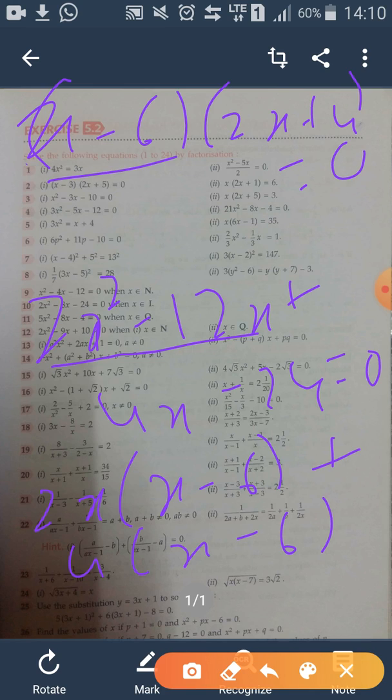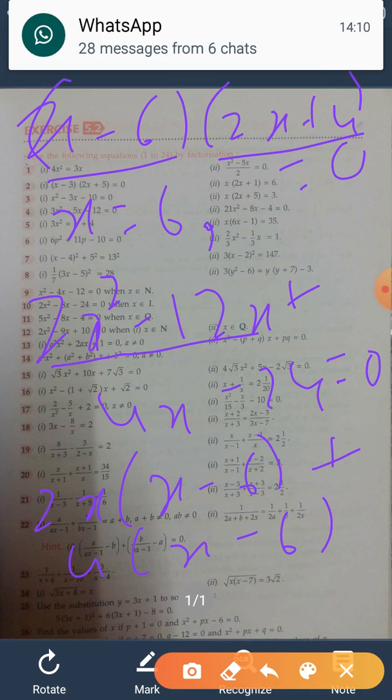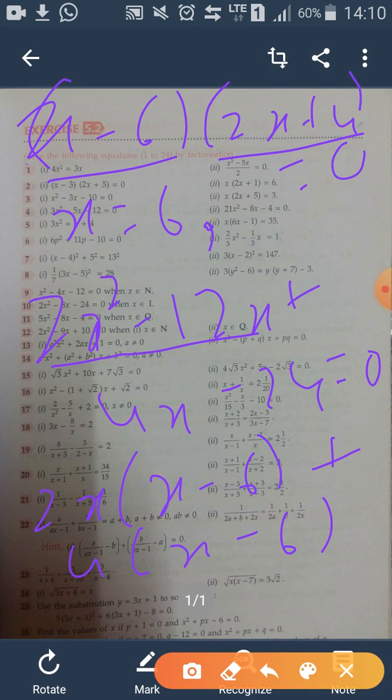From this one we get that x is equal to plus 6, and from this we get x is equal to minus 4 by 2, which is minus 2. So both of them should be the answer, 6 and minus 2.